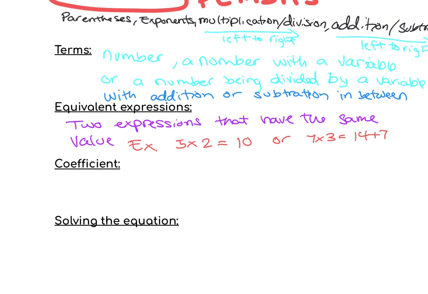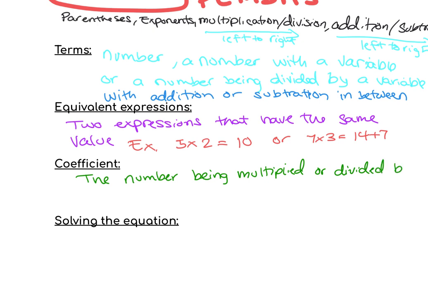Coefficient. Coefficient is the number being multiplied or divided by a variable.